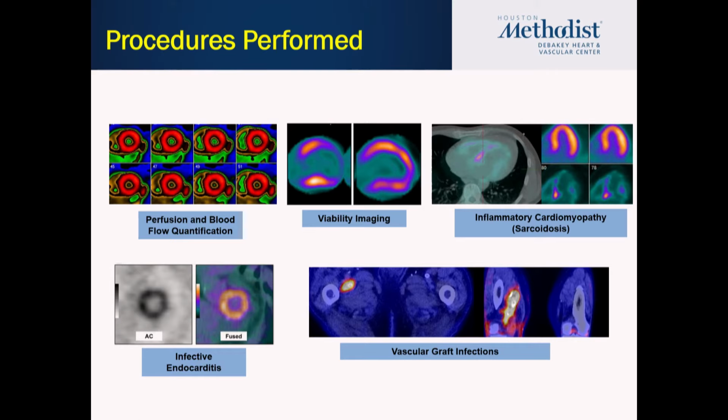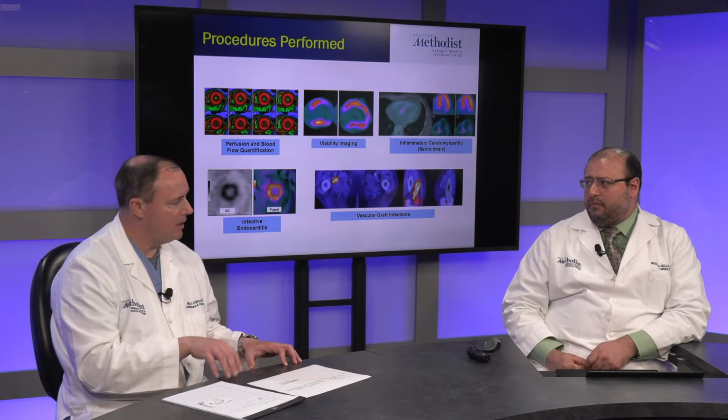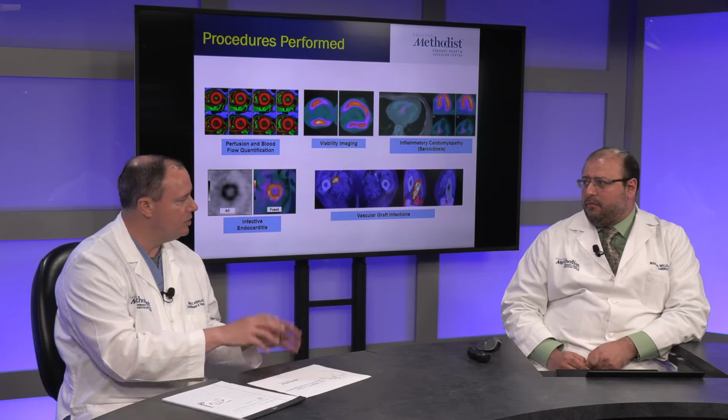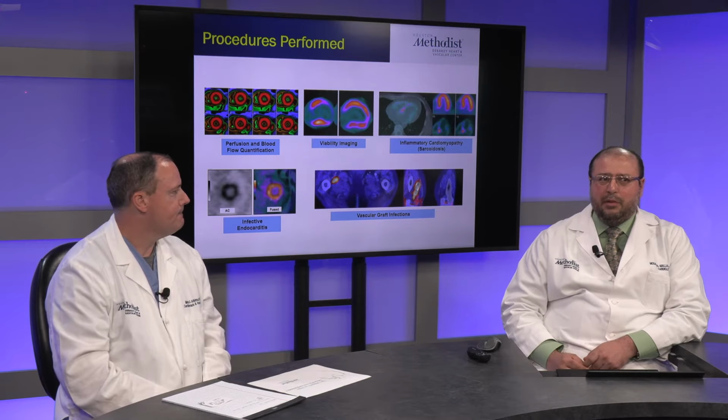Let me ask you, in your clinical practice, what percentage of studies done today at Methodist are done for myocardial perfusion imaging versus these other types of clinical indications? Myocardial perfusion imaging is still the basic application that we use PET-CT for. It varies from one practice to another. We have a busy practice, and multiple surgeons who do high-risk procedures and want to see different applications, so we are seeing more viability imaging, inflammation, and others.